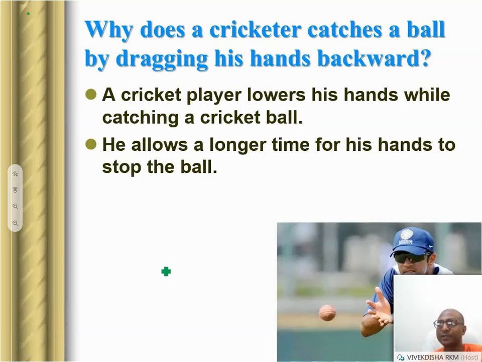What is the benefit? He doesn't get hurt quickly. Otherwise, if he tries to stop it immediately, his hand may get injured. But if he allows a longer time to stop the ball, he remains unhurt. This is one point.